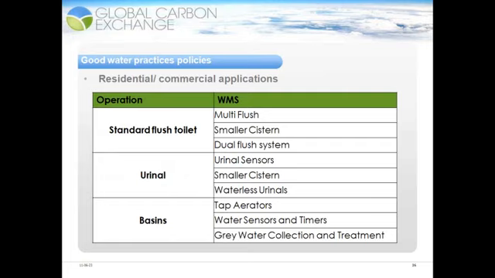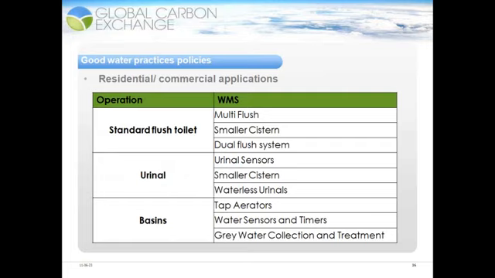Starting off on the toilet side, you can look at possibly installing a multi-flush system which only flushes the toilet for as long as the user holds the toilet handle down, thereby not always flushing the full system's worth of water when it is not needed. You can also look at possibly installing a smaller system.